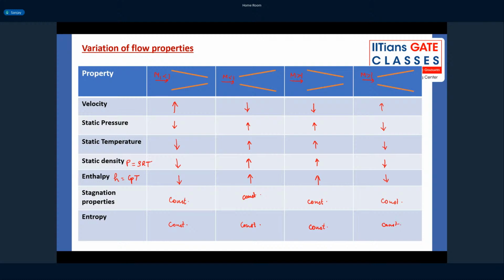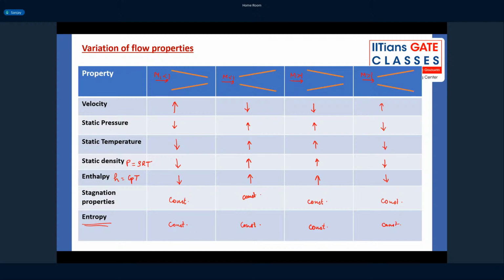Okay. Now, guys, remember the entropy need not be constant always. If I tell you that the process is not isentropic, the other property variation would still be like this, but the entropy can still increase. Okay, because for a possible process, entropy increases. Entropy never decreases.